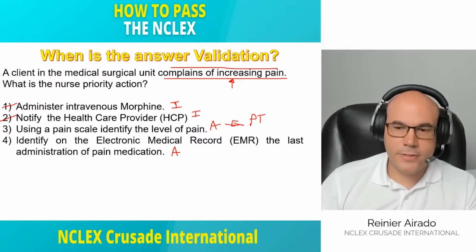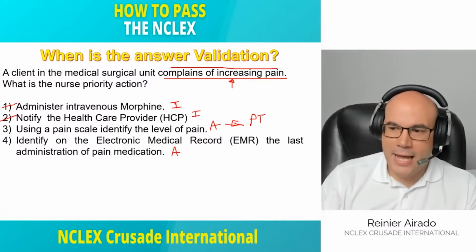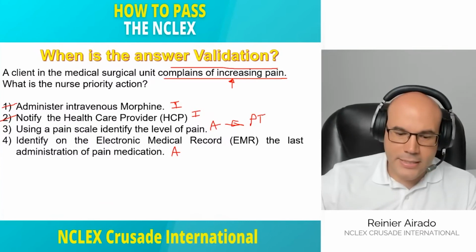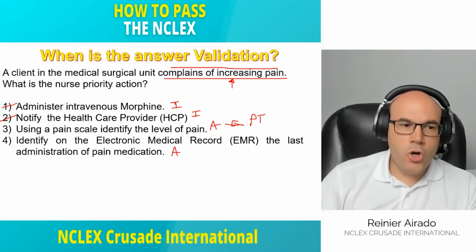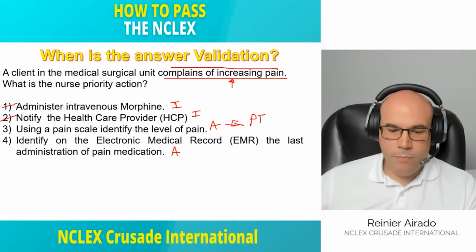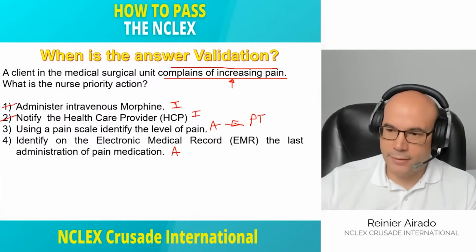That is the difference. So you need to take that thinking process that you're not looking only for the right answer. In prioritization style questions, you're looking for the most important answer because you could see more than one answer that is correct.